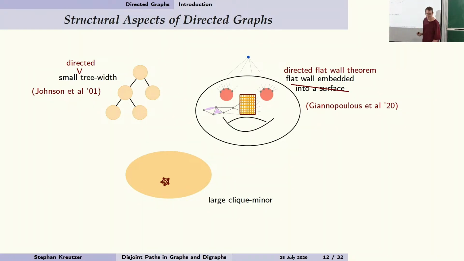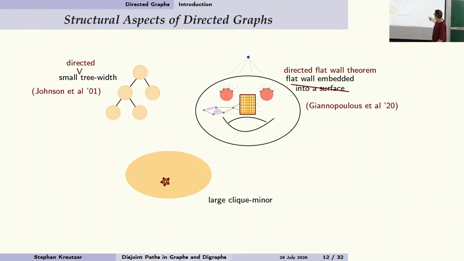So it doesn't exist, and it's not even clear what exactly it would look like. So what we can guarantee is that if you have high directed tree width, you find a large directed wall, and I'll explain in a second what this is, to which the rest of the graph mustn't hit from the outside, or only in a very controlled way. But the embedding part is missing.